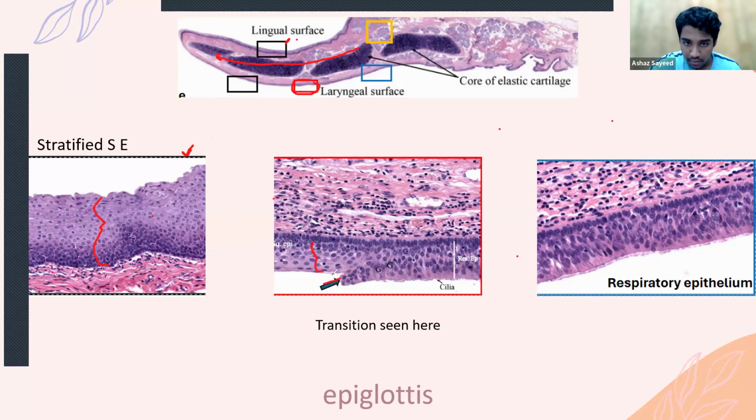Now this is the point of transition, and here you have respiratory epithelium. You can see it's this elongated epithelium, and if you look carefully, you have some cilia on here. It looks stratified, but it's actually pseudostratified. This is properly stratified. You can see layers on layers on layers over here.